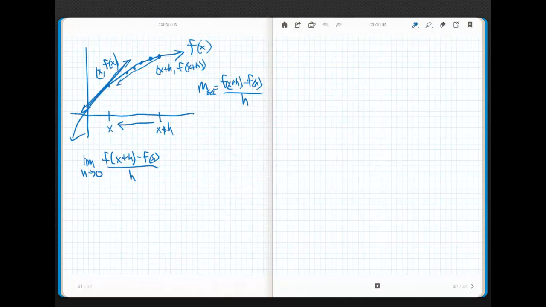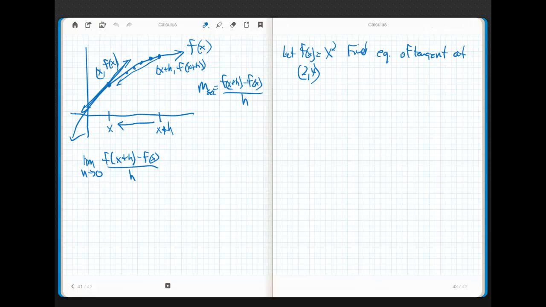Now, think about this. If I'm going to do exactly the same function, let f of x equal x squared, find the equation of the tangent at 2 comma 4. I won't take you through all of the details, but I will take you through at least the first part. I'm trying to figure out the slope of the tangent line out here at 2 comma 4, so this x value is 2.